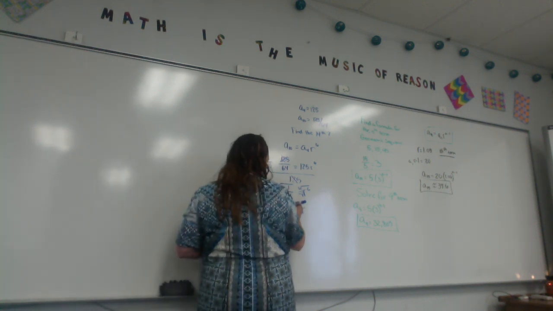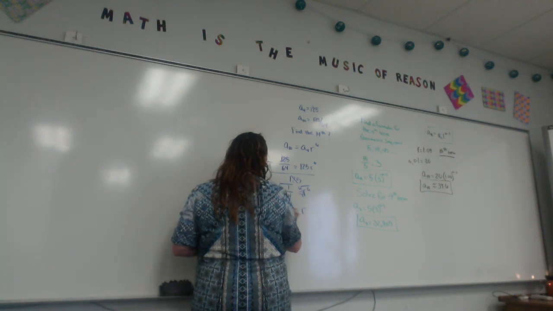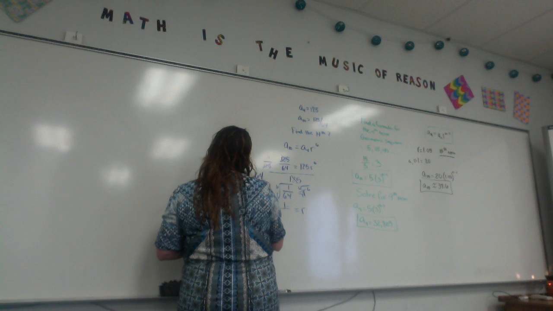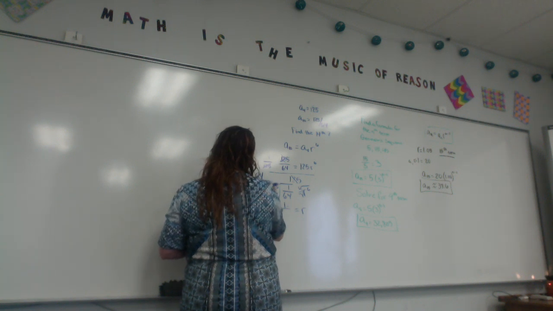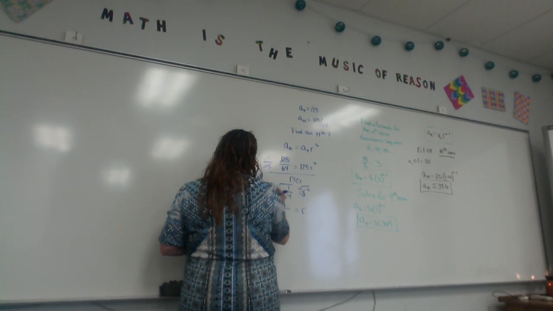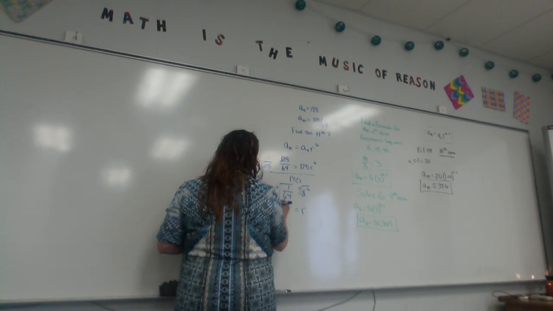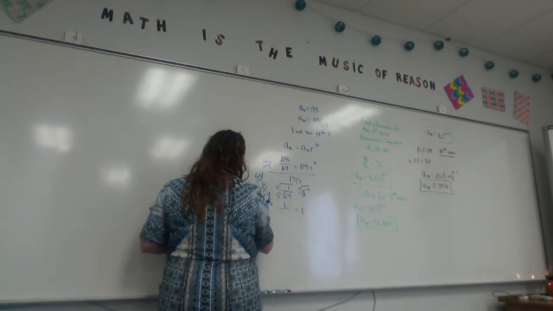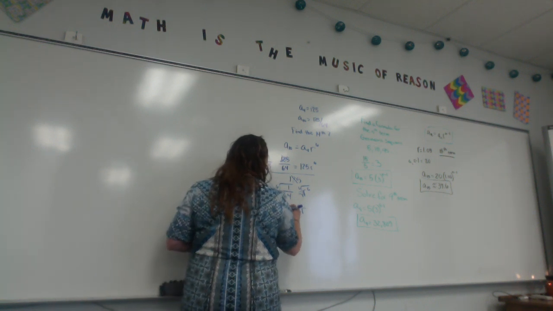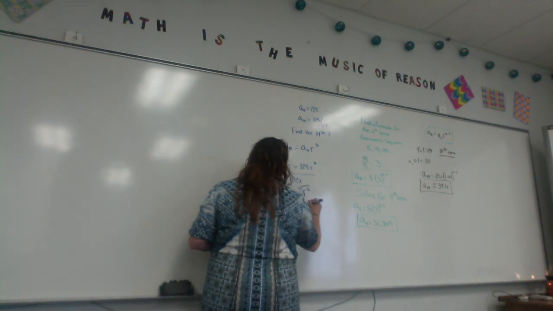What's the 6th root of 64? 64 breaks down into 8 and 8, and 8s break down into 4 and 2. So it's 2, because 4 is 2 and 2. So it's 1 over 2. This is my r.